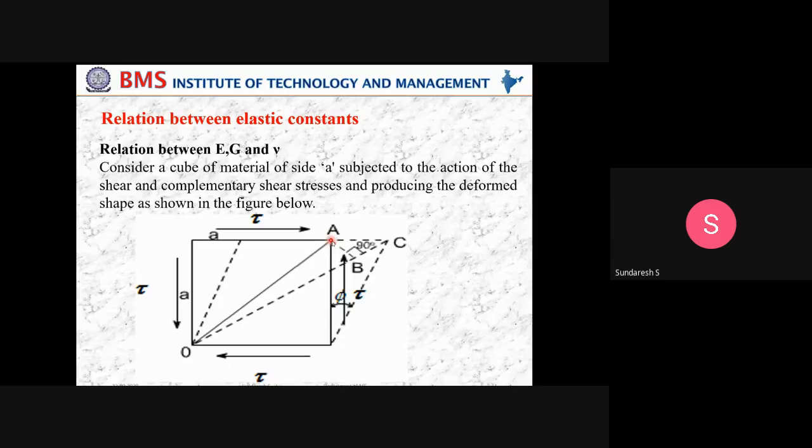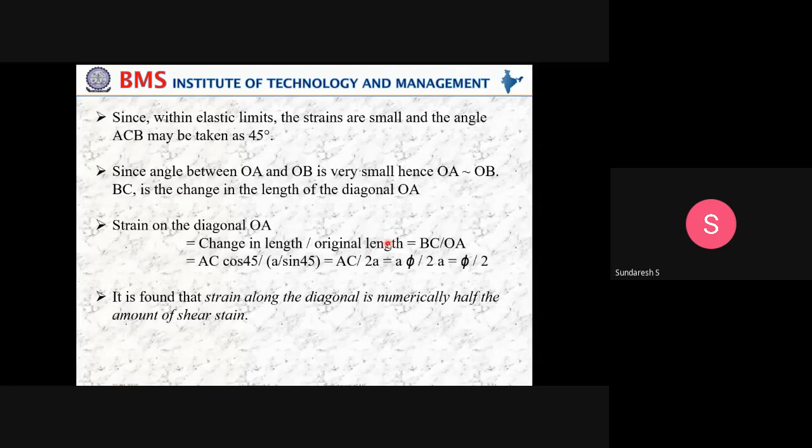So we have assumed OA is equal to OB. How much change in length has occurred is nothing but BC. So BC is the change in length and the original length was OA. Am I right? Now, how can we express BC?